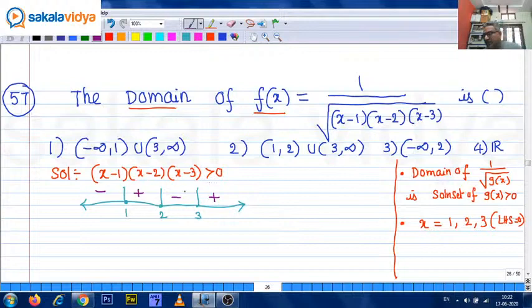Greater than 0 means we need to consider positive, so here to here. But actually what happens now here? 1 is not included, just only a round bracket, not shaded.